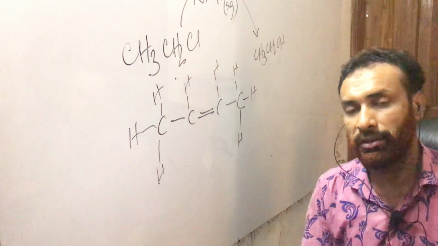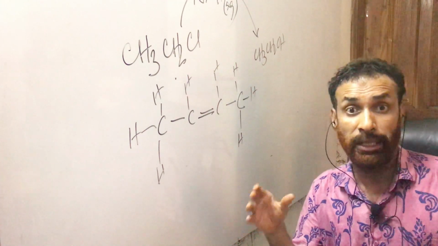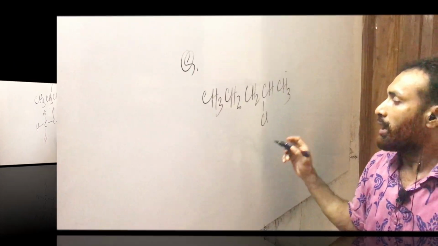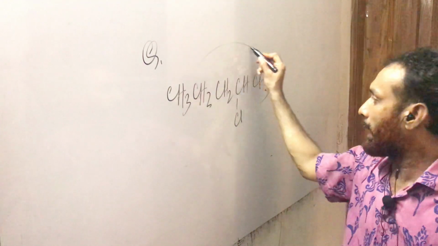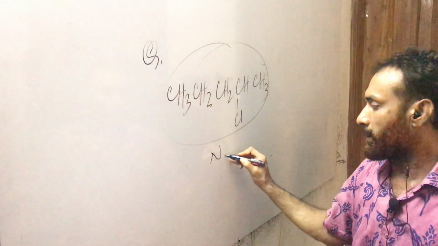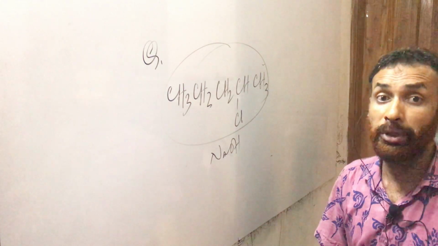This is the interesting thing. When you get puzzles like this, it is very important for the exam. So always remember, if you hit this substance with sodium hydroxide as a reagent, what would be the products?